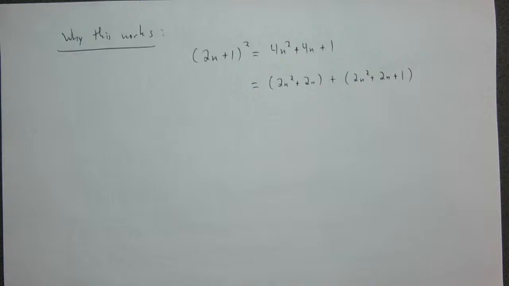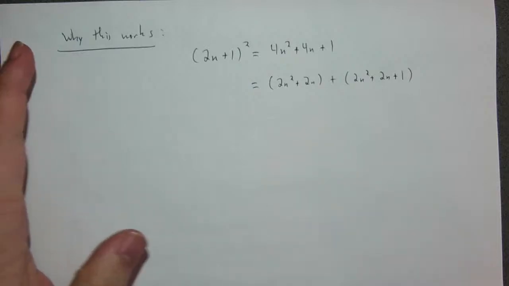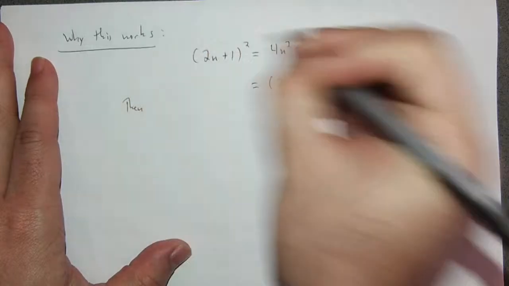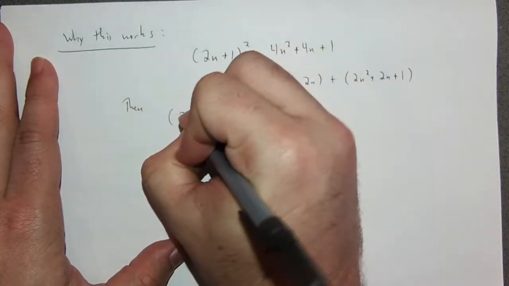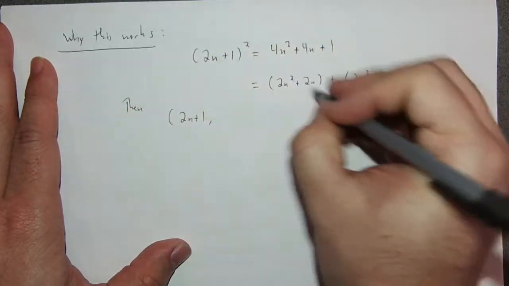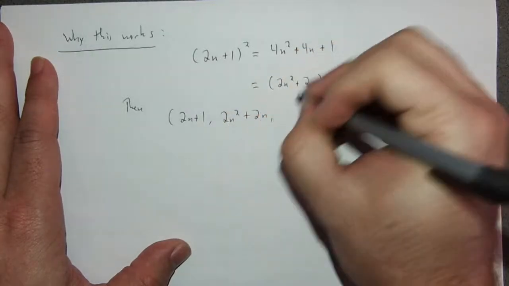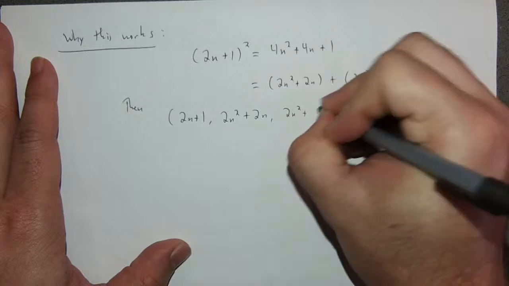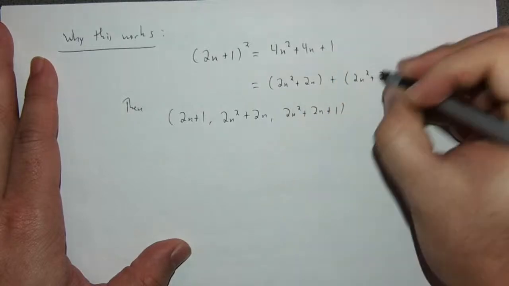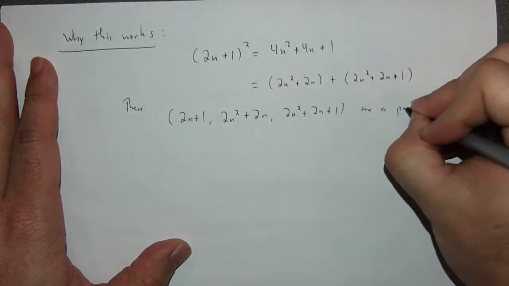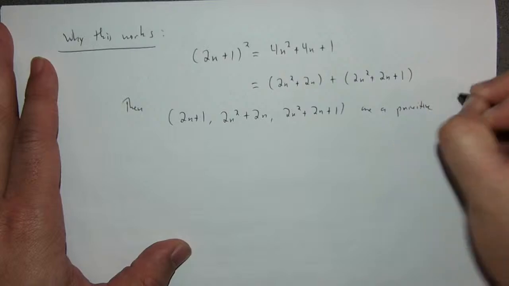Okay. Then 2n plus 1, 2n squared plus 2n, and 2n squared plus 2n plus 1 are a primitive Pythagorean triple.